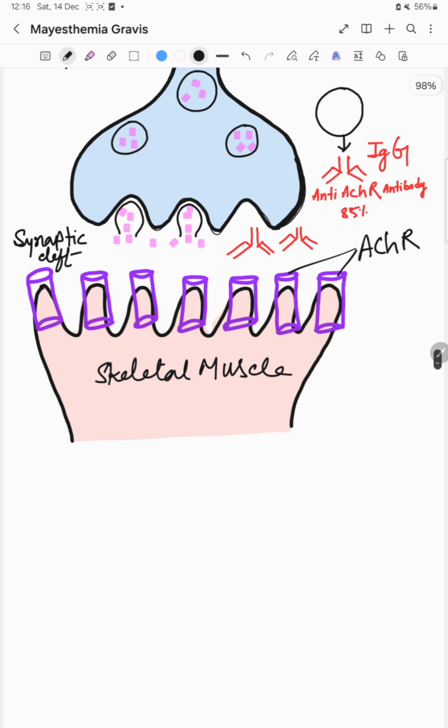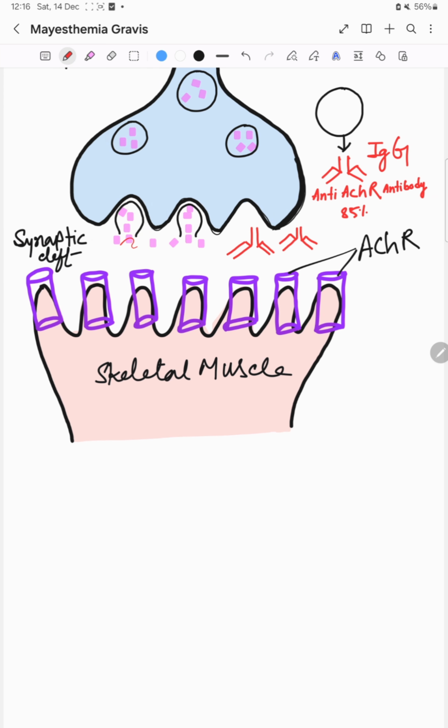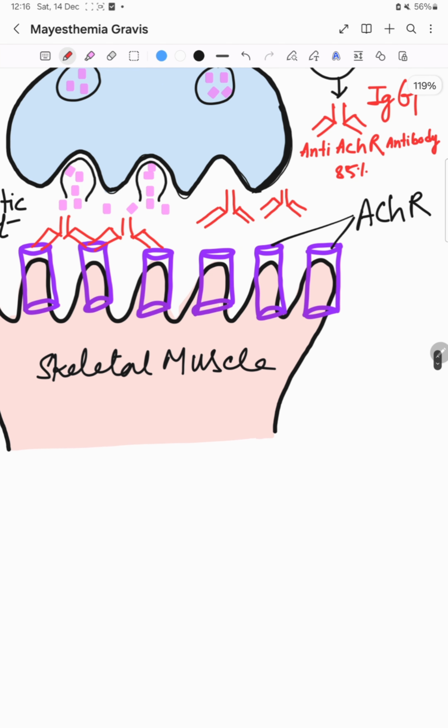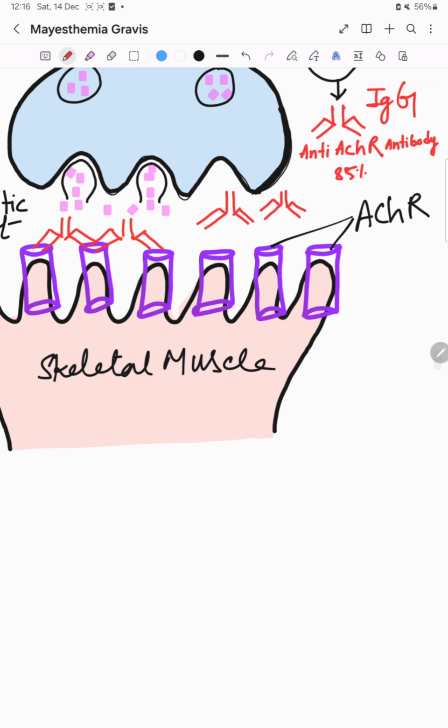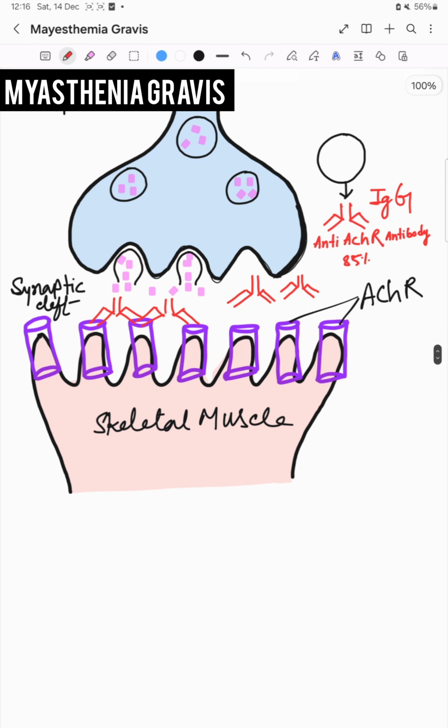These autoantibodies come and join with these receptors. You can see that one antibody can bind with two acetylcholine receptor molecules, because this IgG type of antibody is a divalent antibody. It has two antigen binding sites.